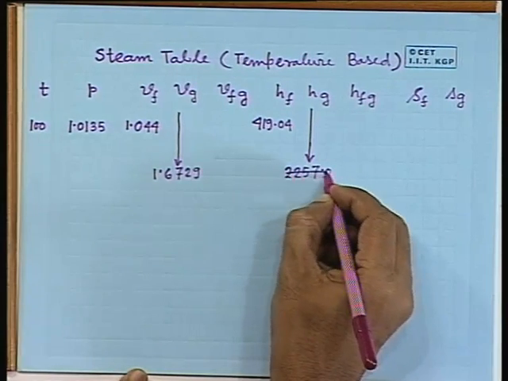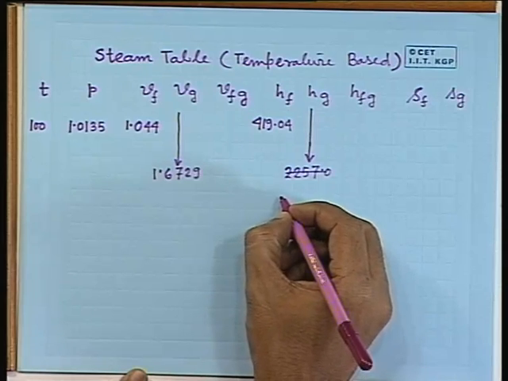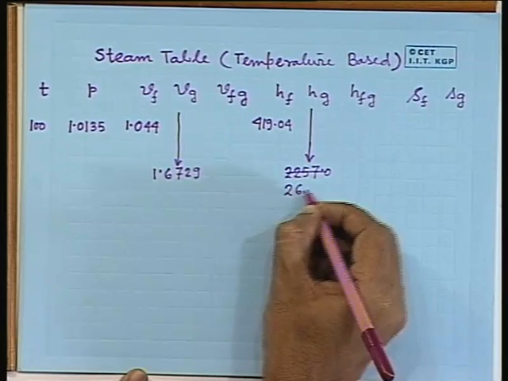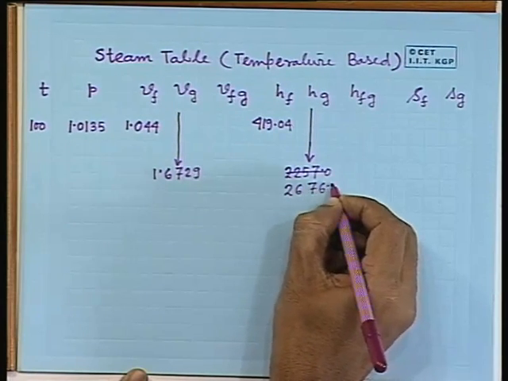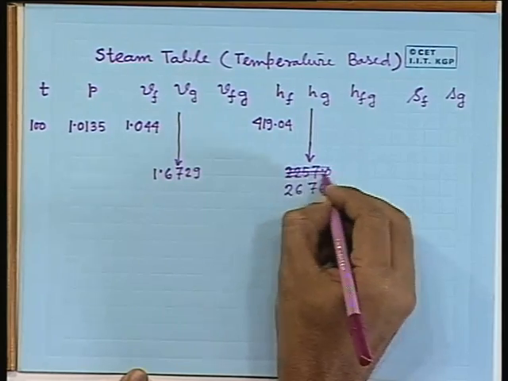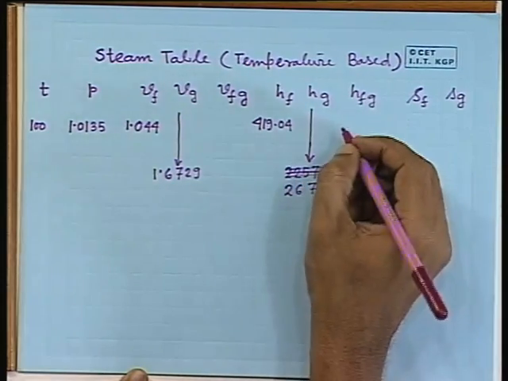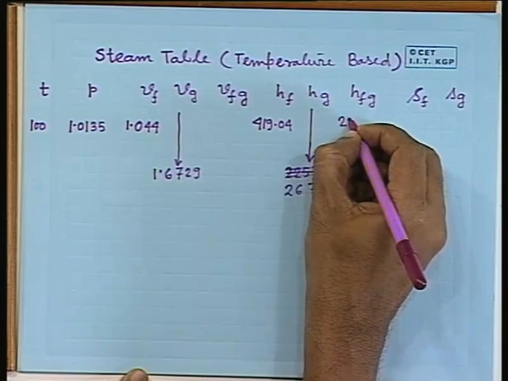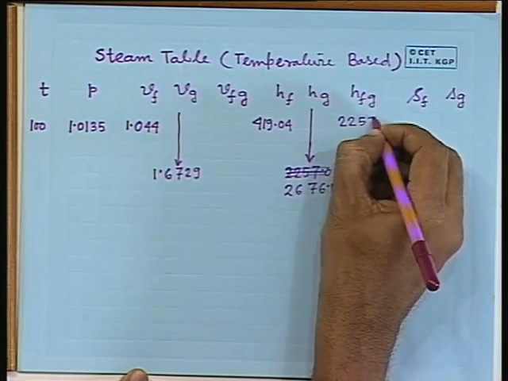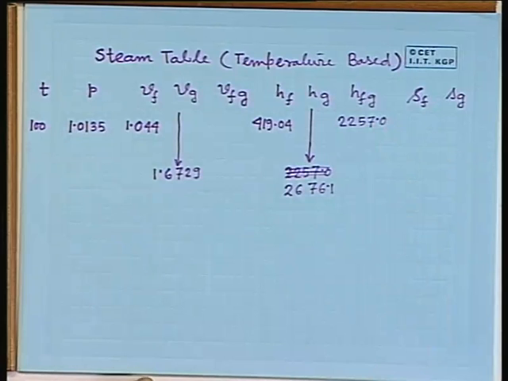Sorry, this is wrong. This will be 2676.1 kilojoule per kg, and Hfg will be 2257.0 kilojoule per kg.